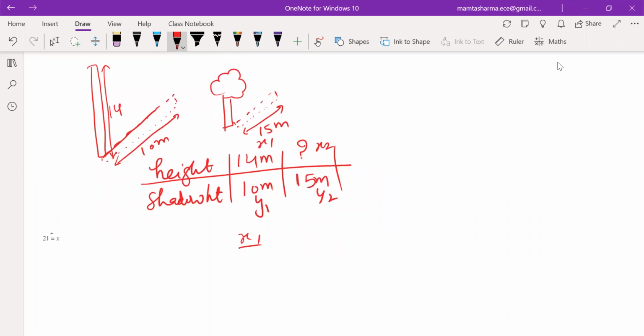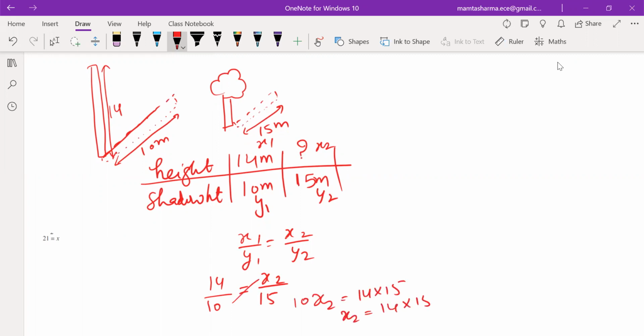So X1 by Y1 should be equal to X2 by Y2. 14 by 10 is equal to X2, which is unknown. So you have to find out the value of X2. Cross multiply: 10 X2 equals 14 into 15. X2 would be 14 into 15 divided by 10 meter. Okay, you solve it. What are you getting? Ma'am, 21 meters. Okay, Abhinav.